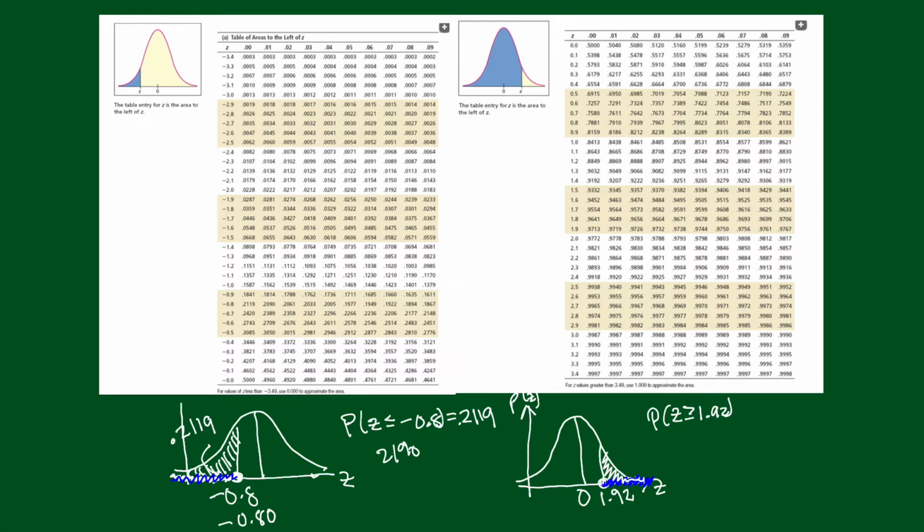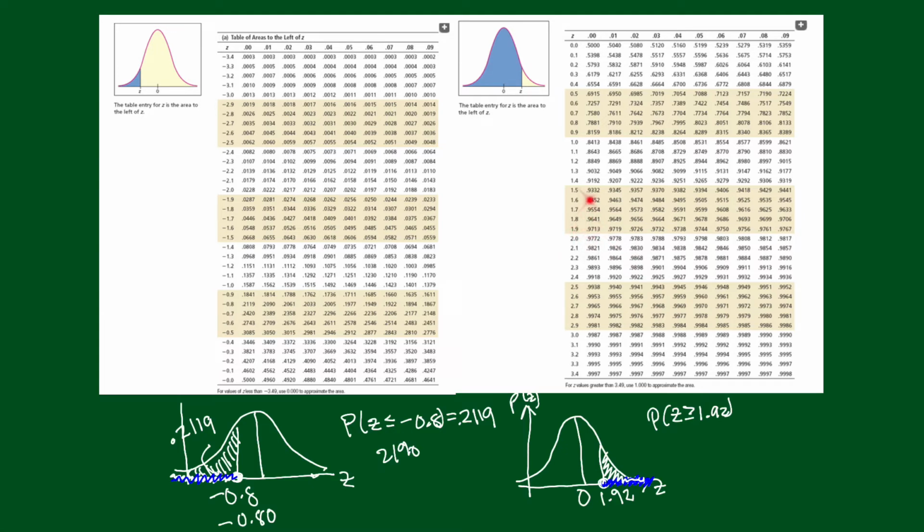Now, look how the table reads. The table reads not from here out to the right, but always to the left. So you come from negative infinity up to your value. So look for 1.92: look for 1.9, there's 1.9, and over to the 2 column.